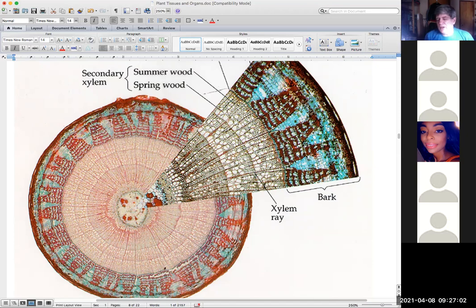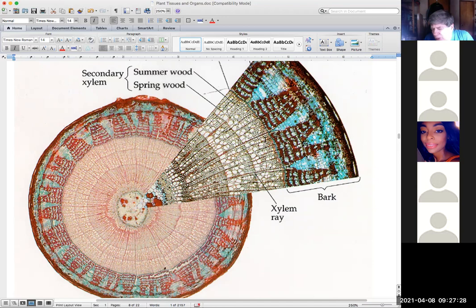Now, xylem cells are actually dead. The only thing that's left is the cell wall. So the cytoplasm deteriorates, all the organelles deteriorate, the nucleus deteriorates. The xylem cells are basically tubes, pipes that carry the water along with dissolved minerals from the roots upward.